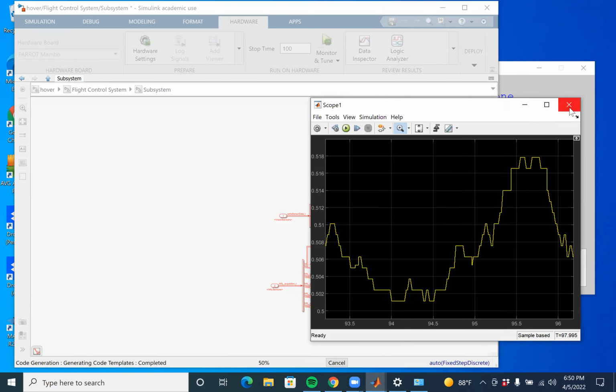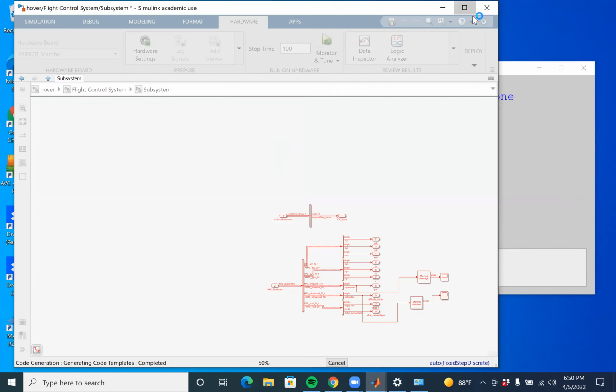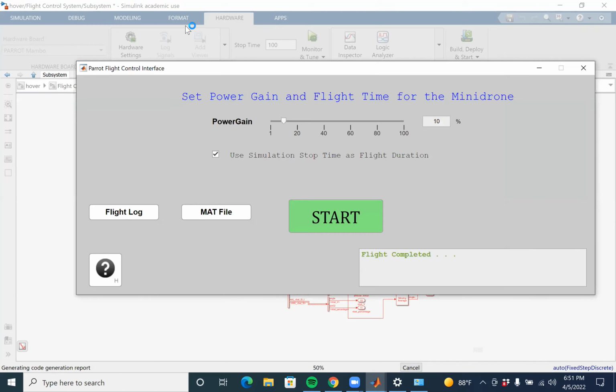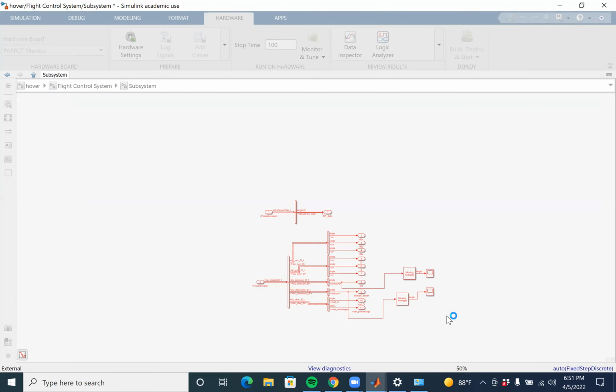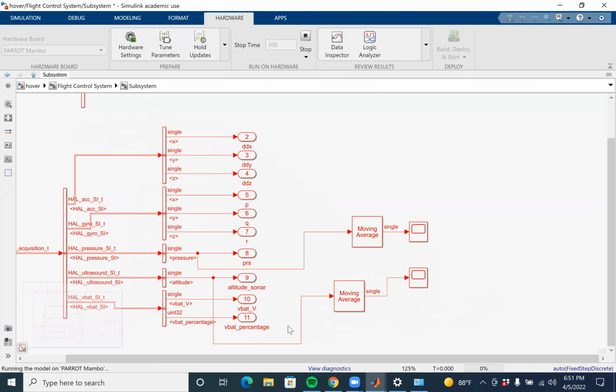And I'm going to see what value of altitude I get from here. So moving average, this is altitude sonar.